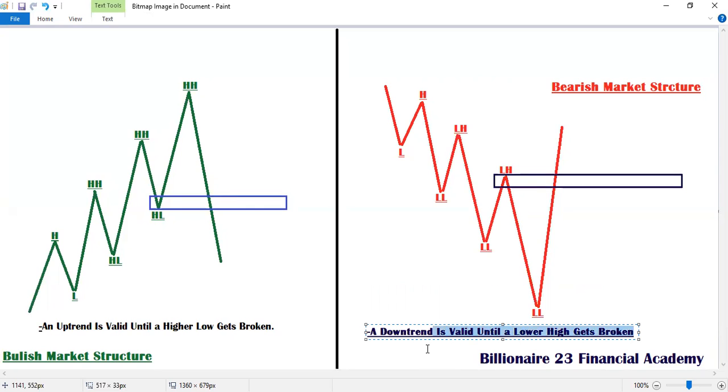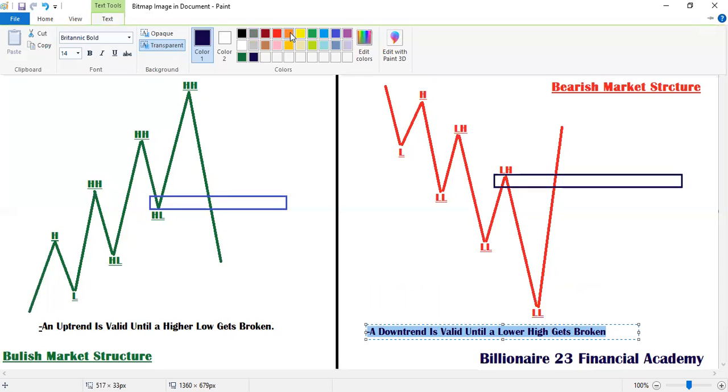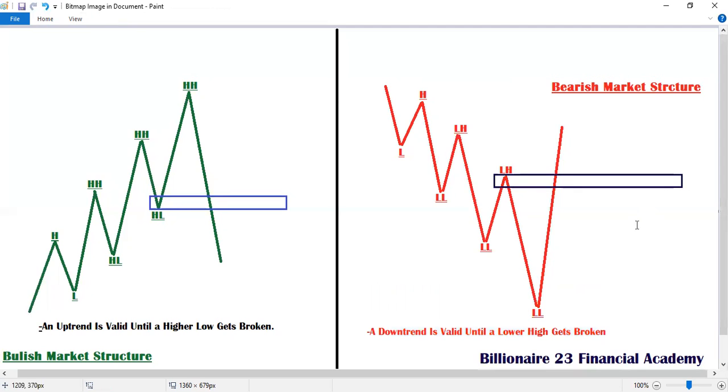All right. Let me just modify this. Color red. Yeah. So once the lower high gets broken, it signals the potential end of the downtrend.